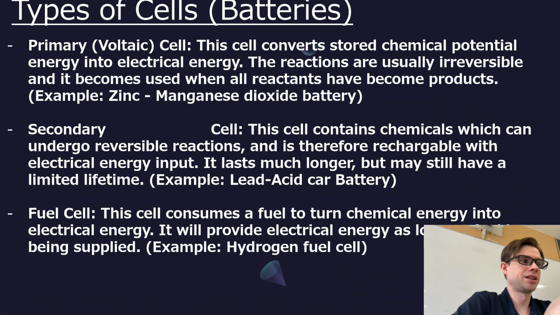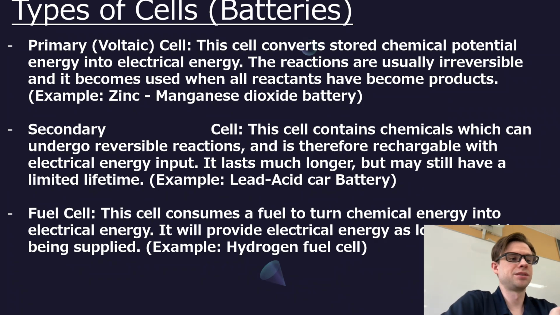But there are secondary cells. This cell contains chemicals which can undergo reversible reactions, and it is therefore rechargeable with electrical energy input. It lasts much longer because we can recharge it and reuse it, but it may still have a limited lifetime, a limited number of recharges or charging cycles.